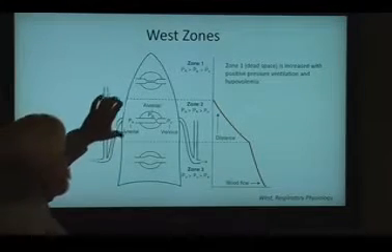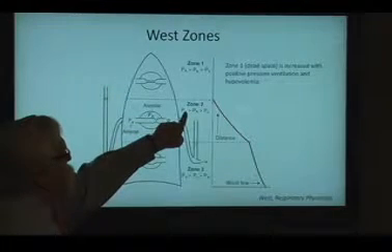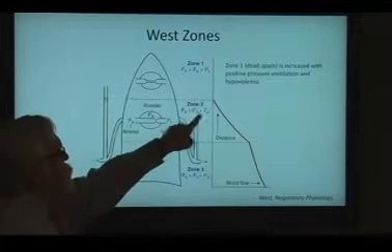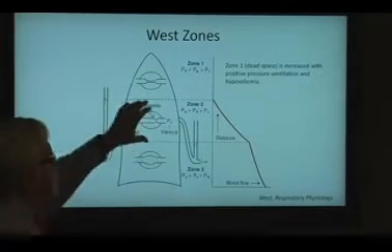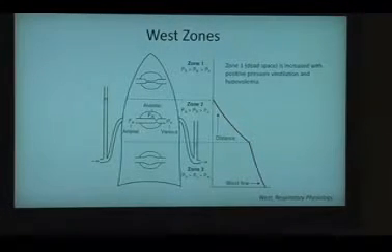In zone 2, the pulmonary arterial pressure is greater than the alveolar pressure. Both are greater than the pulmonary venous pressure. And in zone 2, the resistance to blood flow is determined by the difference between the alveolar pressure and the pulmonary capillary pressure.